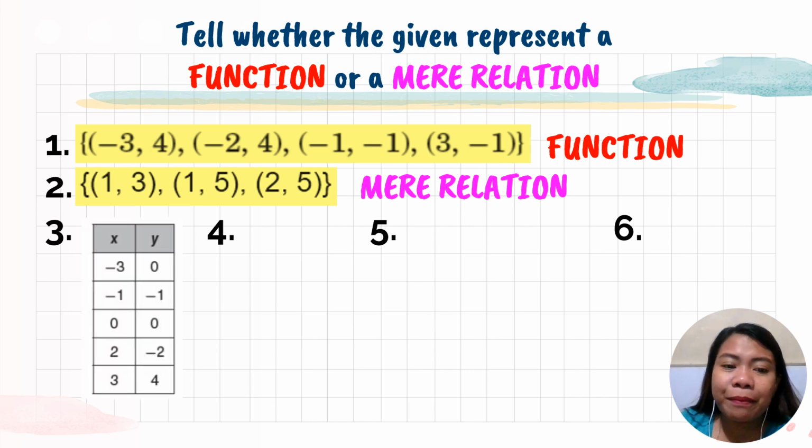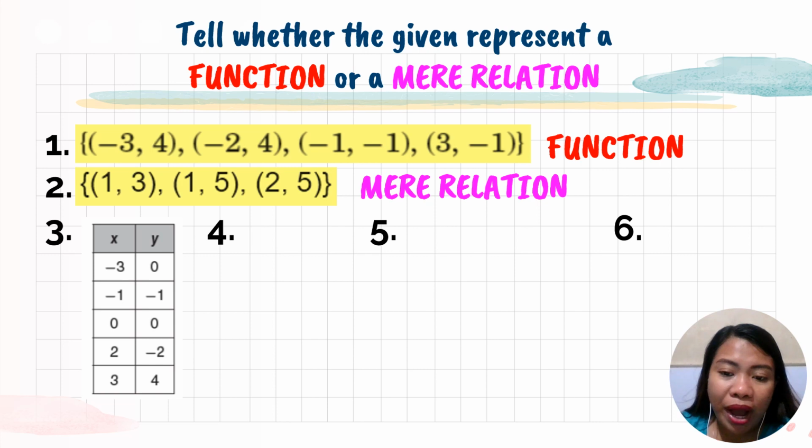Next, let's have here a table for number 3. Look for the x or the domain, and the y is the range. The domain are negative 3, negative 1, 0, 2, and 3.